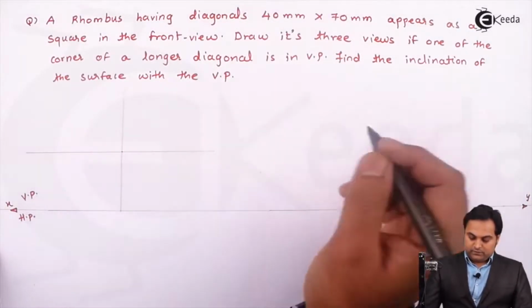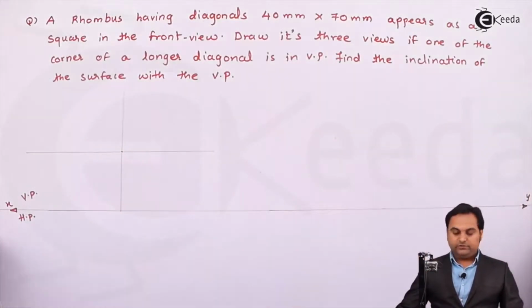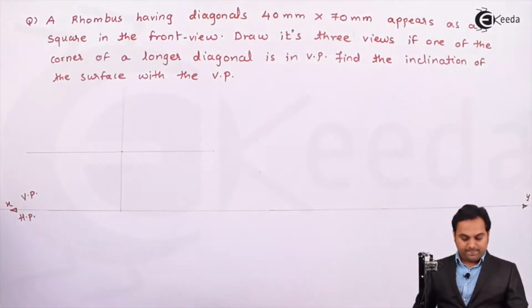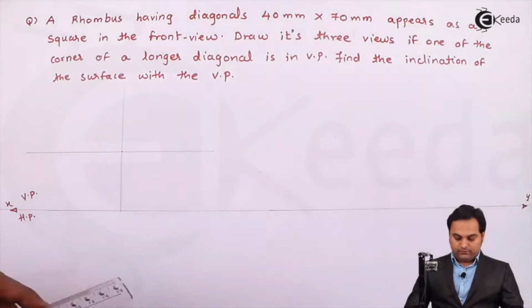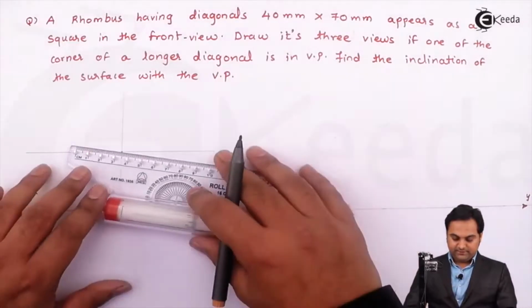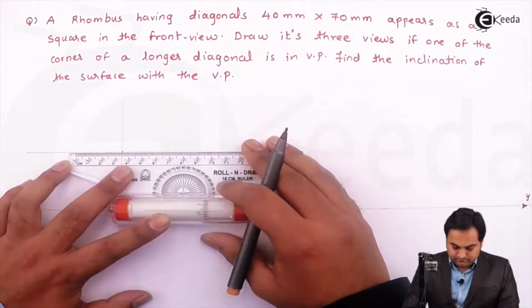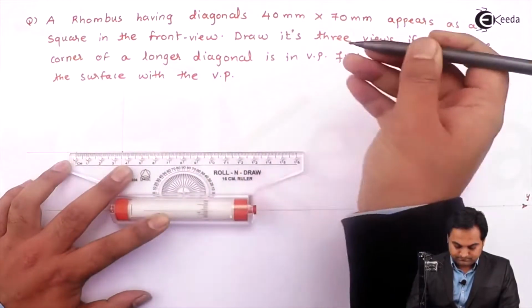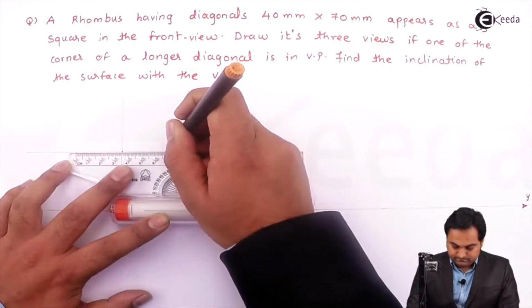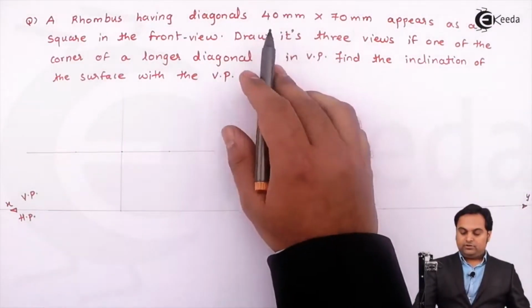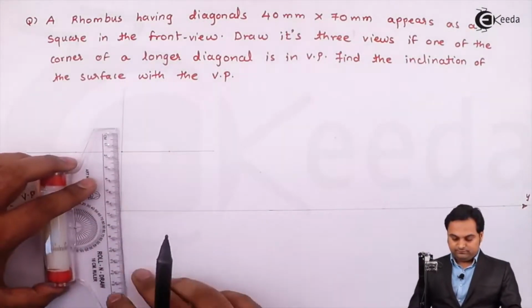Now, the longer diagonal I'll mark on the horizontal line. It is 70 mm. So taking 35 mm on one side, 35 on the other side, 70. Shorter diagonal 40 mm.